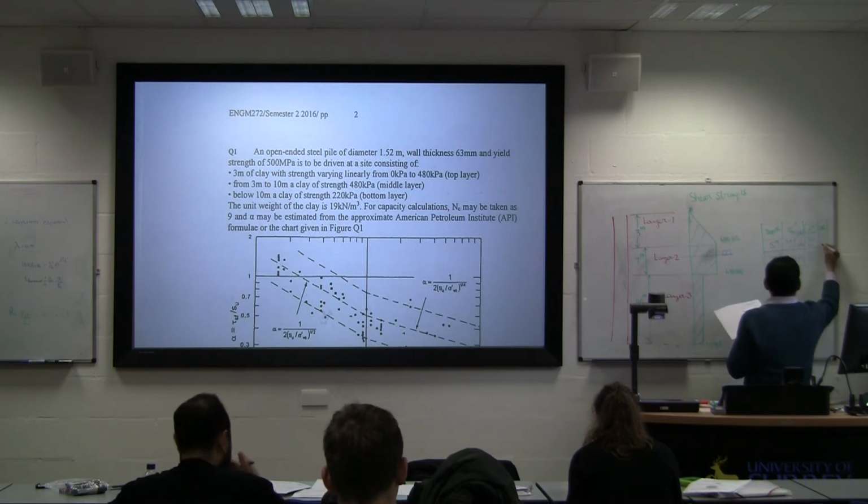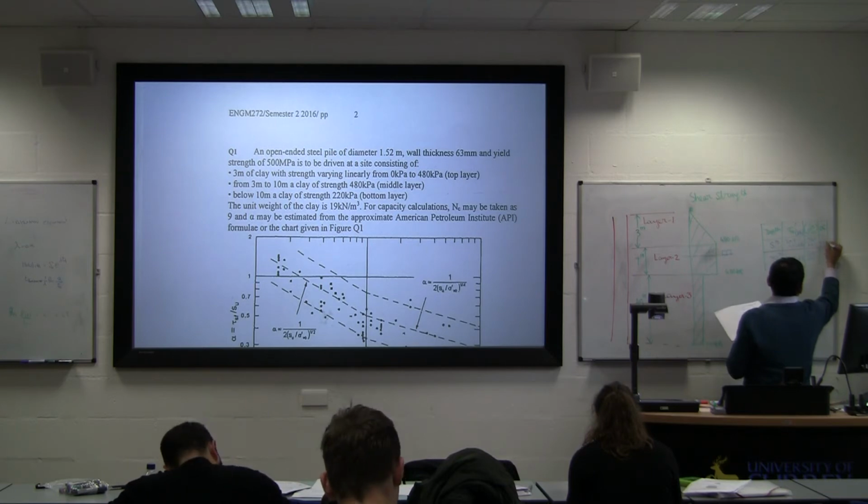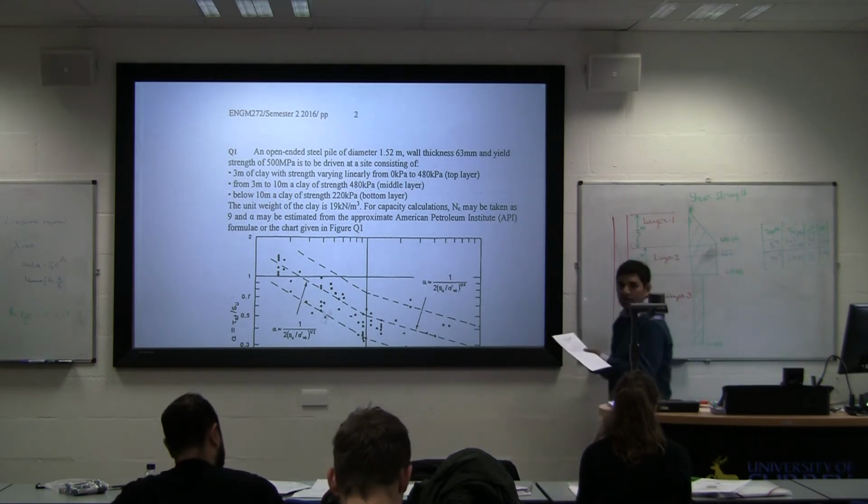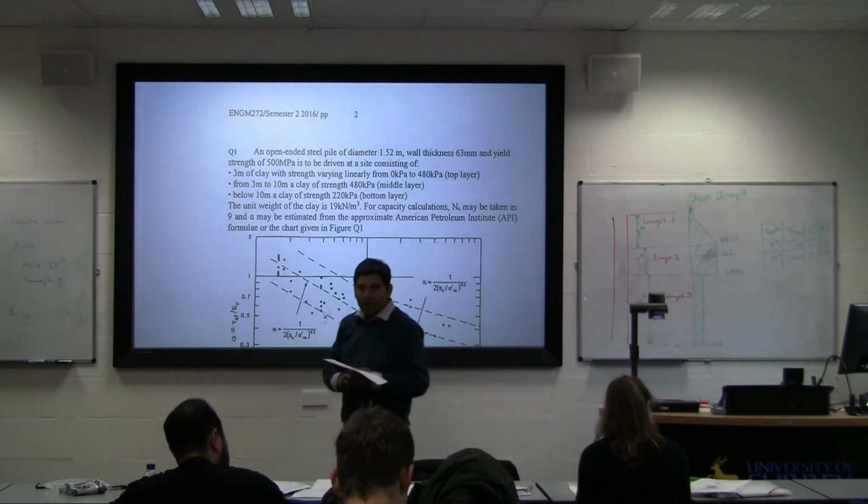And from that you can get the alpha is 0.277 and 0.554. Right? You got the alpha value, and now you can work out the friction.